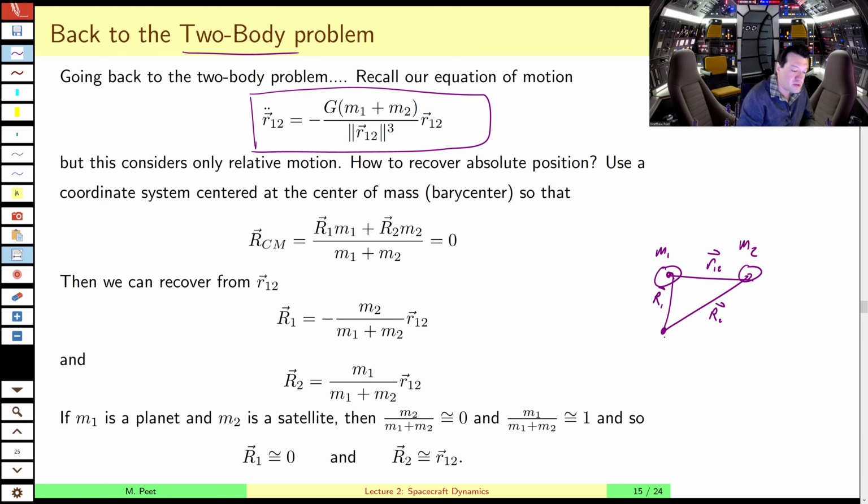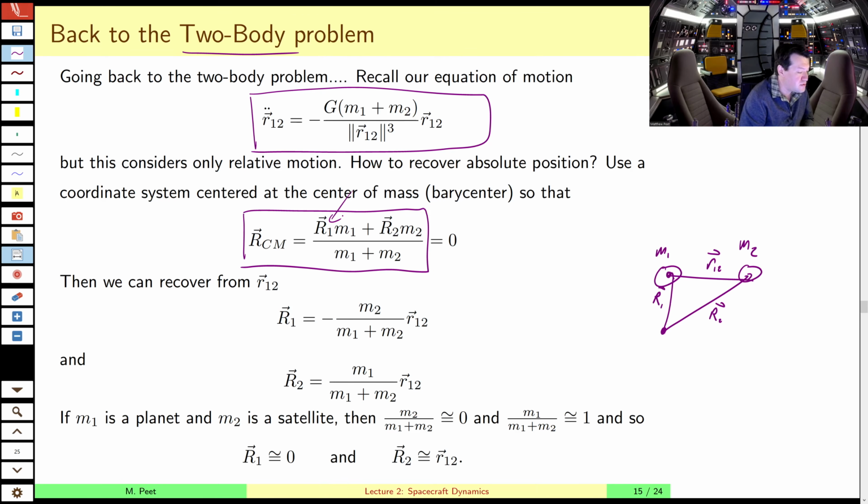We're going to define a coordinate system where we place the origin of the coordinate system at the center of mass of those two bodies. We know what the center of mass of n bodies is, and of course that reduces to something even simpler for two bodies. The center of mass is the weighted average of the position vectors in this absolute coordinate frame, weighted by the masses themselves.